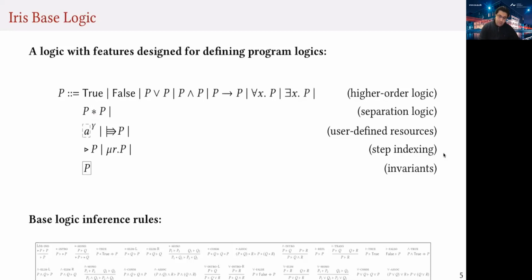Also, Iris allows users to define their own resources, not just the resource that corresponds to the memory that is usual in separation logics, but also user-defined resources, which allow us to define theories to reason about our programs. And we write it like this, saying that we own resource A under the resource instance gamma. And we also have an update modality that I will explain later, which allows us to update resources in our logic.